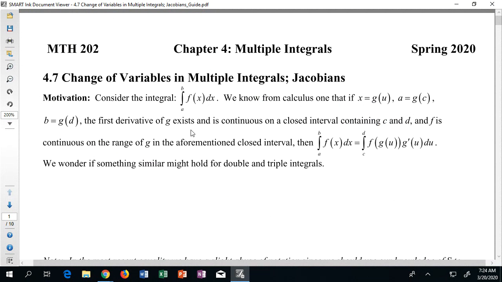Well then, as long as the derivative existed and was continuous on the closed interval, we know that we had this relationship down here. That is, we could take a complicated integral over here on the right side, and we could simplify it via the substitution coming back to the left.